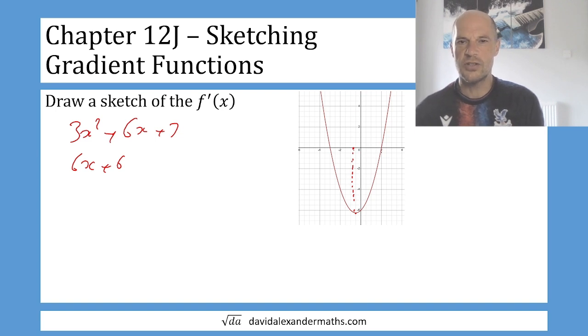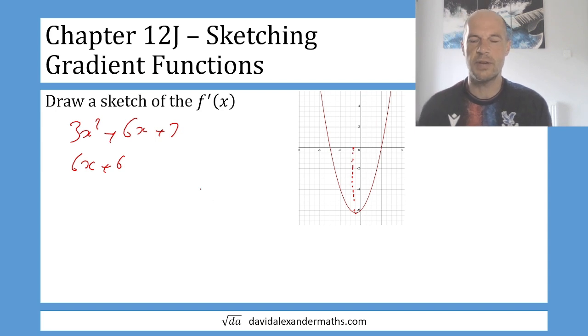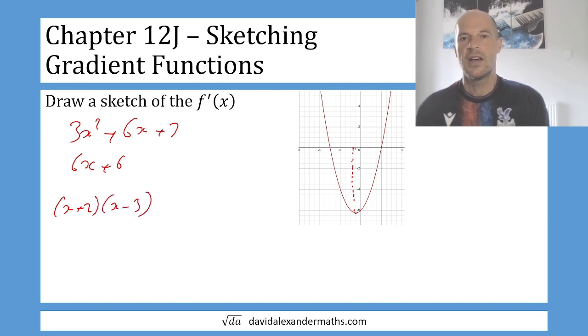I could maybe make a guess that if it's going through at +2 and -3, well, we can investigate that in a moment. So let's just say x plus 2, x minus 3. I'll expand that one and see what happens in a moment. At this point here, the gradient is 0, so this point here is a point on the line that is the gradient function.